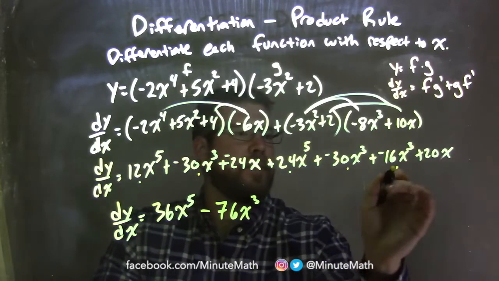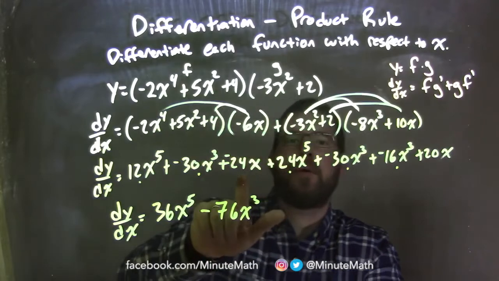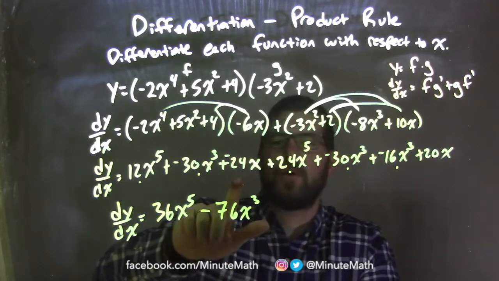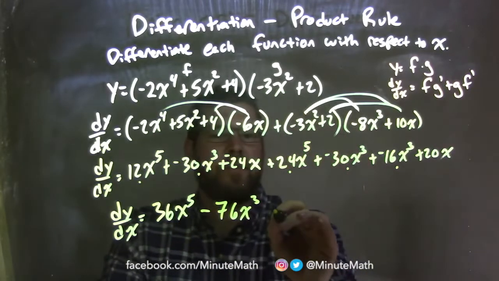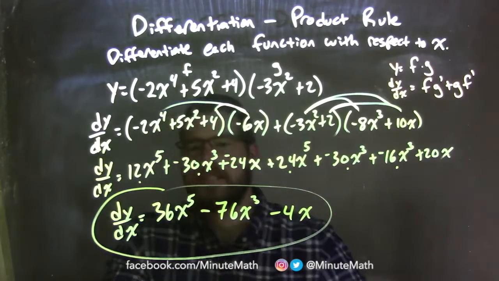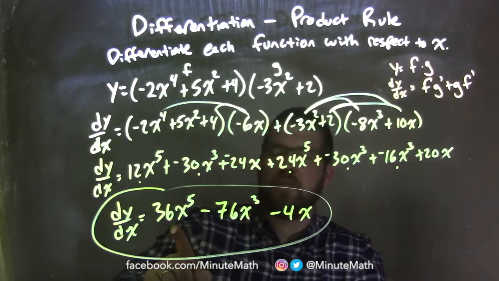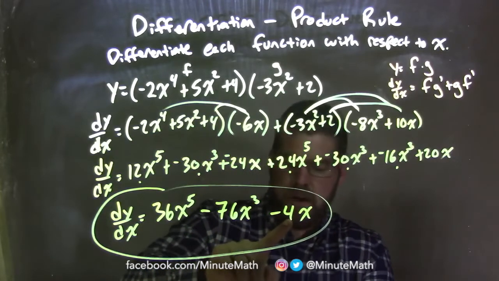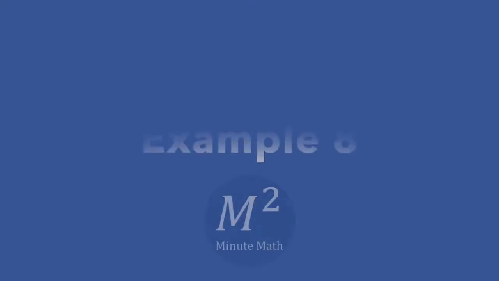We got these 3. And lastly, the last two here are just x's. Negative 24x plus 20x is a negative 4x. And there we have our final answer. dy/dx is equal to 36x to the fifth minus 76x to the third minus 4x.